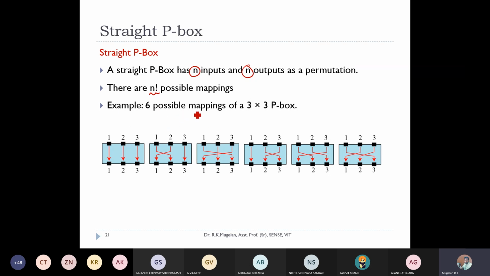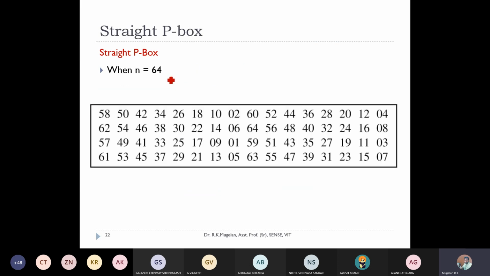If you have a 3x3 input-output P-box, I'll have 3 factorial, so 6 different variants of mapping. When n is 64, I'll have 64 factorial combinations. This is one of the 64-bit P-box combinations.